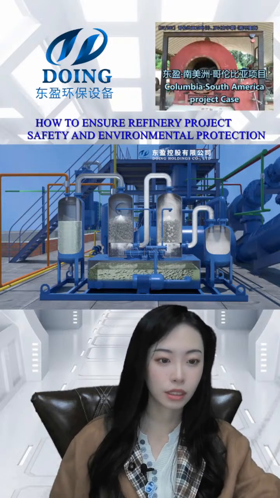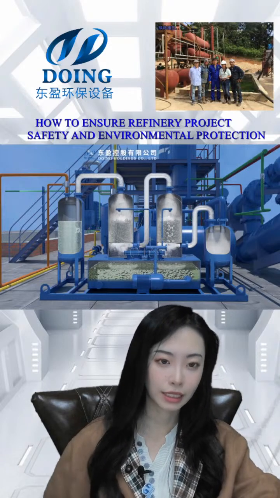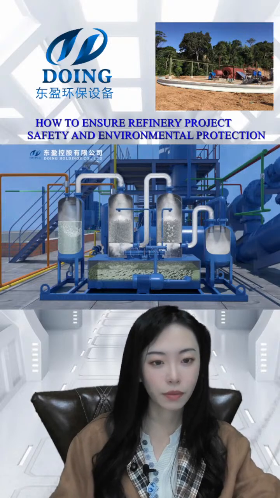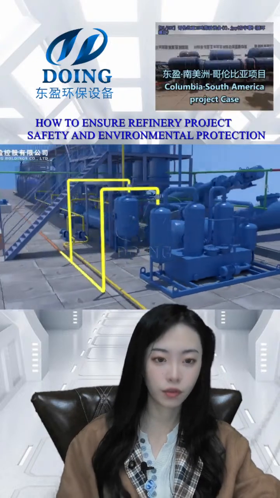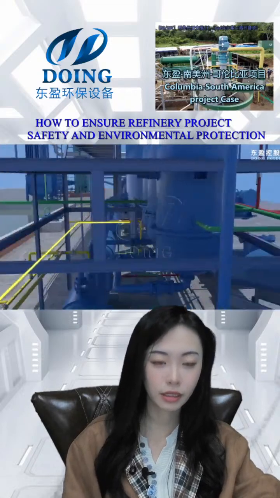And about this waste plastic, we will have different kinds of plastic. Most customers who have the plastic pyrolysis business use raw material from daily garbage, construction waste, or medical waste.